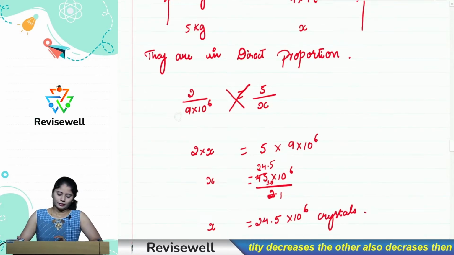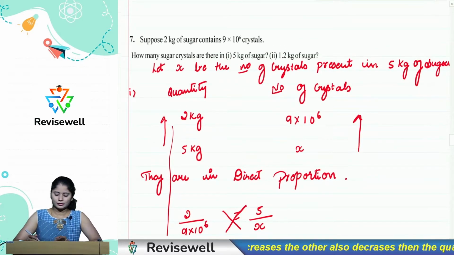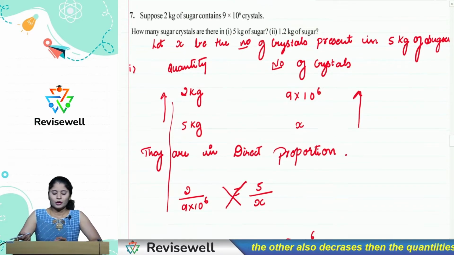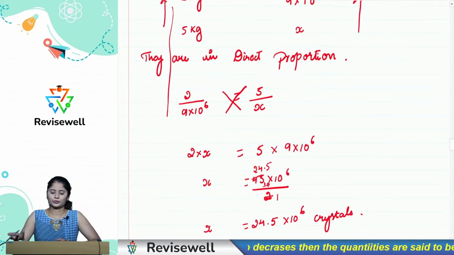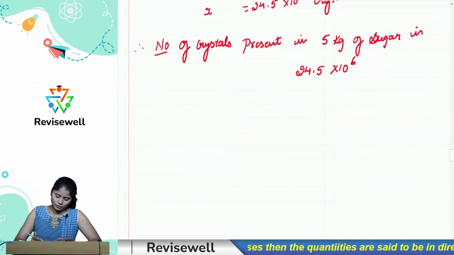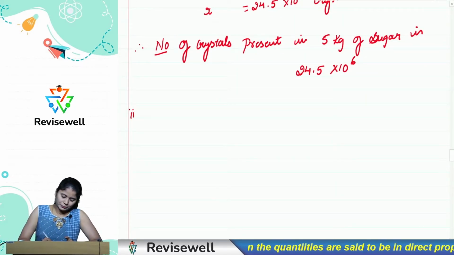Now we will continue with the second subquestion. How many crystals are present in 1.2 kgs of sugar? Again we are speaking about the quantity and the number of crystals.